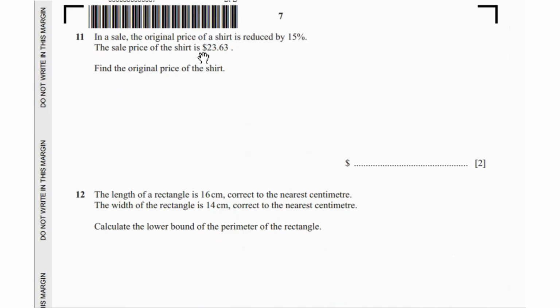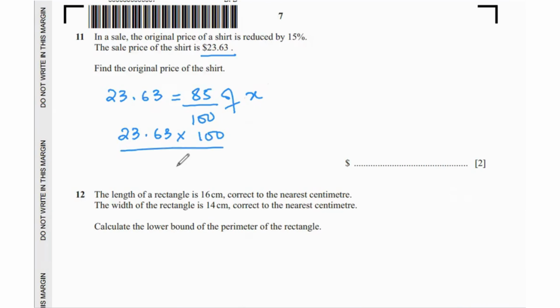Next question says, in a sale, the original price of a shirt is reduced by 15%. The sale price of the shirt is $23.63. Find the original price of the shirt. So the sale price is 23.63. That means this basically represents 85% of the original price, x being the original price. So what I will do is multiply 23.63 by 100 and divide it by 85.